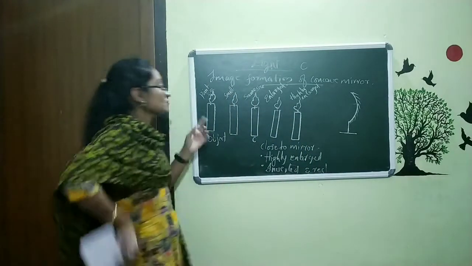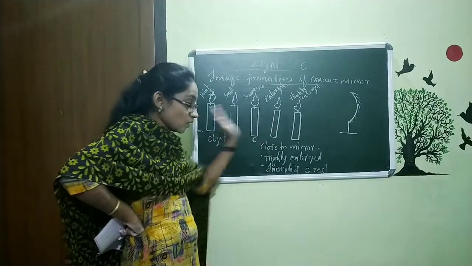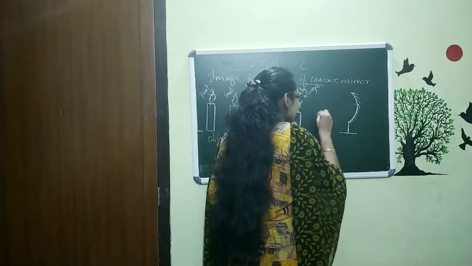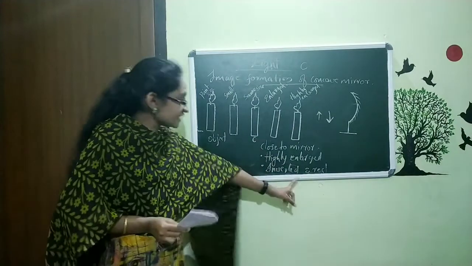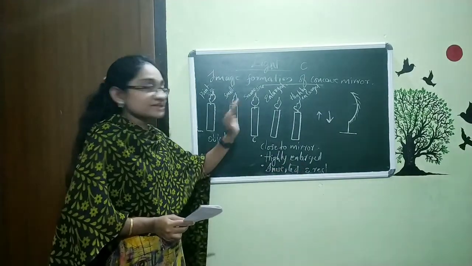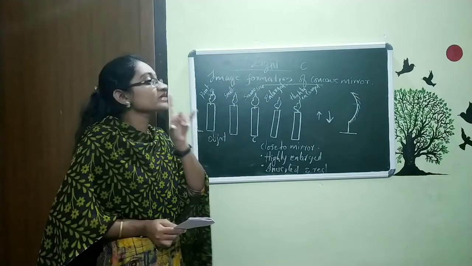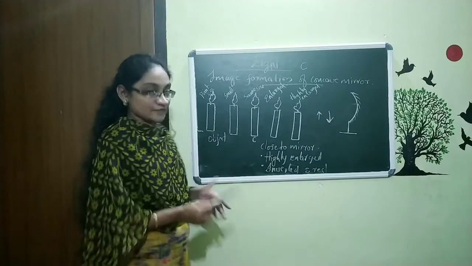So we can say for all these cases, for these 5 cases, all our images are inverted. That means when our object is like this, our image will be like this. That is inverted. And real means we can focus it on the screen for all these cases. And one more case is there, but its result is something different.